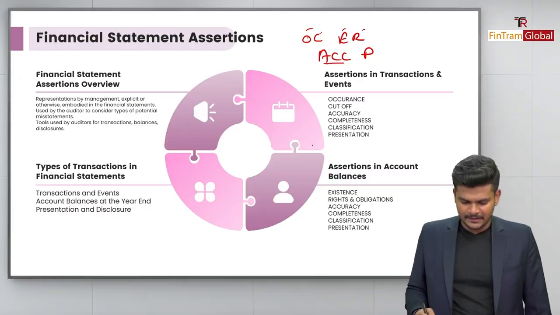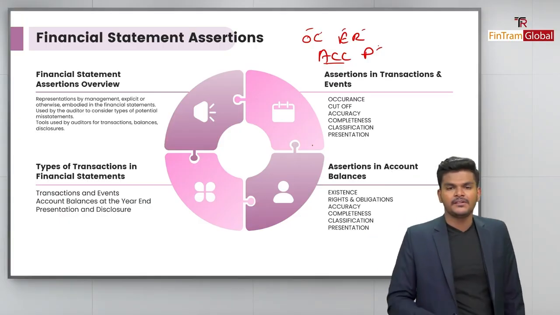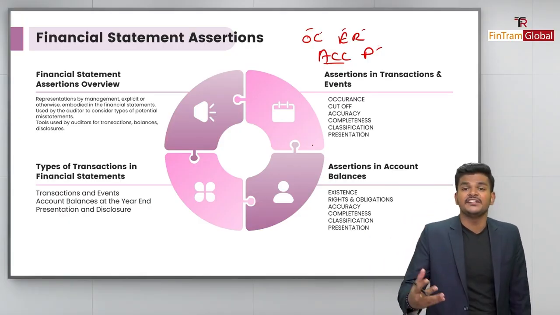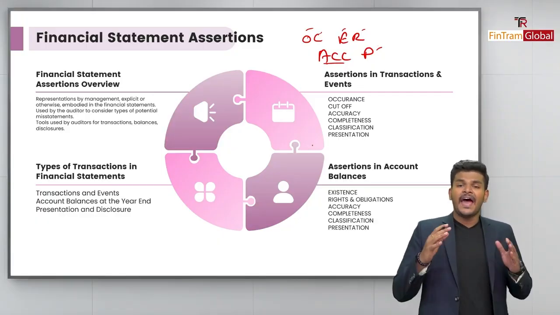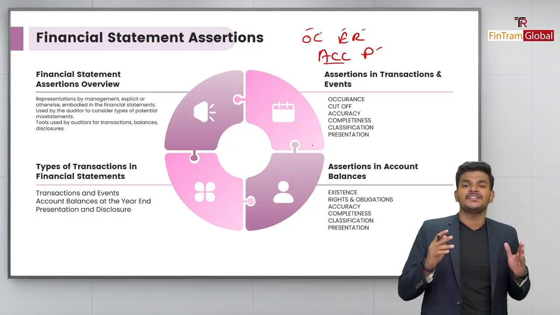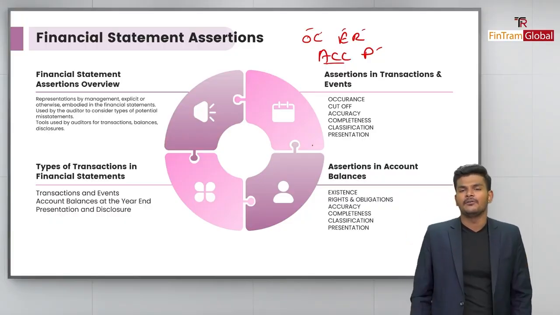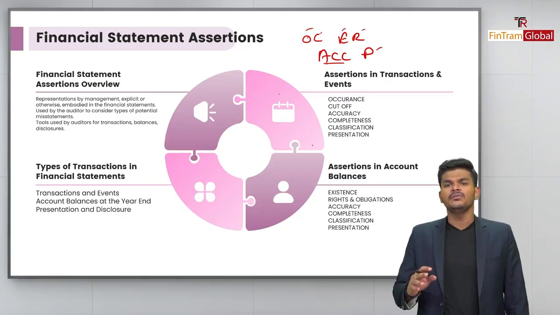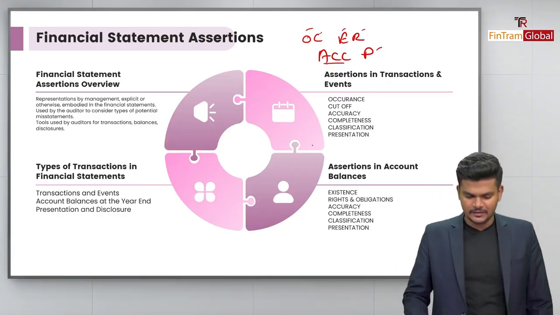Okay, folks, that's the idea. And then P is specific to the notes to the financial statements, in relation to presentation and disclosure. Have we presented and disclosed everything in accordance with the accounting standards? So that's what P stands for. So OCER ACCP, these are the financial statement assertions.